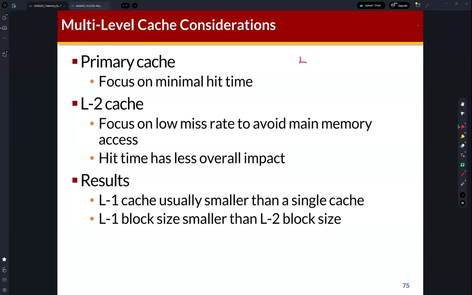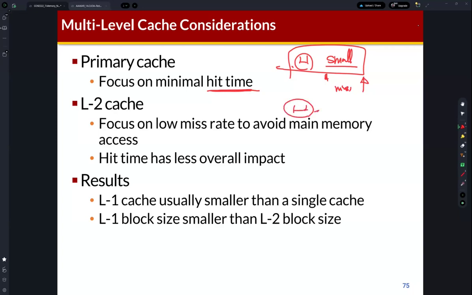Usually level 1 cache size is very small. It is because you need to minimize the hit time, the access time of the L1 cache, which means we need to make a very fast cache for the L1. But if the cache size is small, then the miss rate is usually high, right? So we can use the L2 cache.